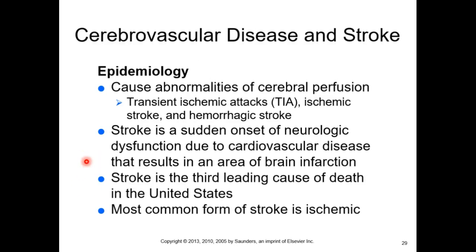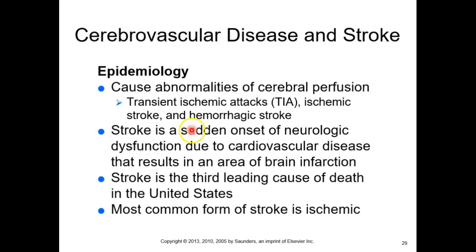Okay, TIAs, transient ischemic attacks. It means there was an ischemic event that resolved on its own. Sudden onset of neurologic dysfunction. There's probably cardiovascular disease in this person. It's probably something we can detect as a cardiovascular issue.